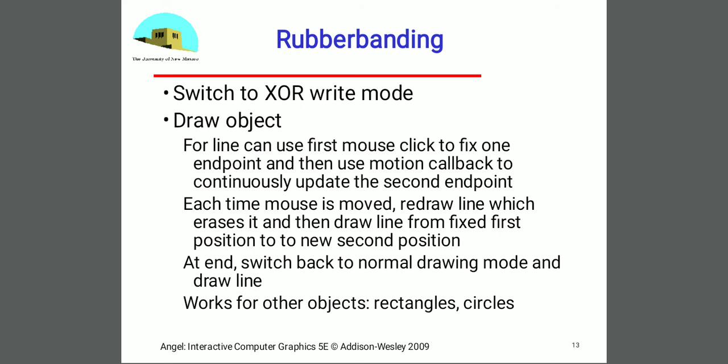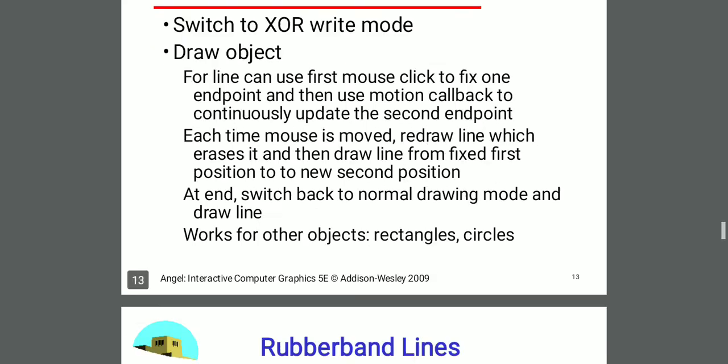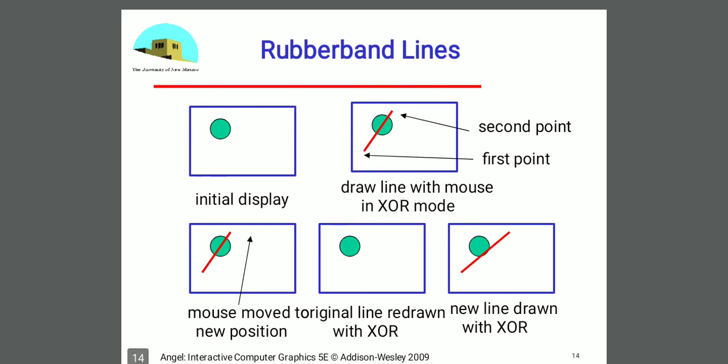So it works for other objects, rectangle and circle. The given explanation is only for a line, but it can be done for rectangles and circles. You see this? Initially you have one small square with a circle. Okay, you are drawing a line. First you are drawing a line exactly in the middle. Draw a line with the mouse. This is XOR mode. How is XOR mode used? That red color line and green color background will be XORed here. The XOR operation is done here.